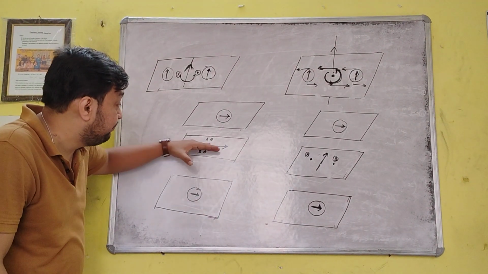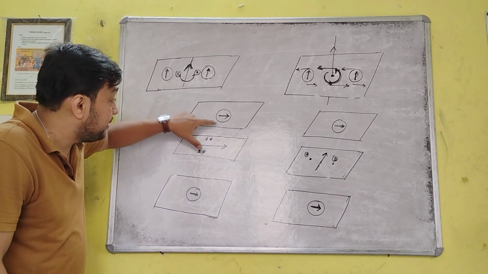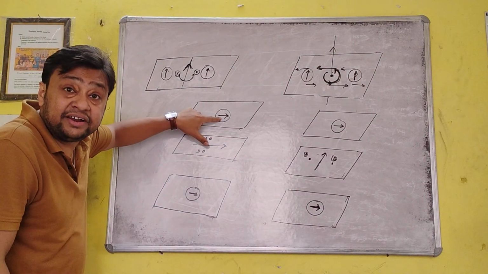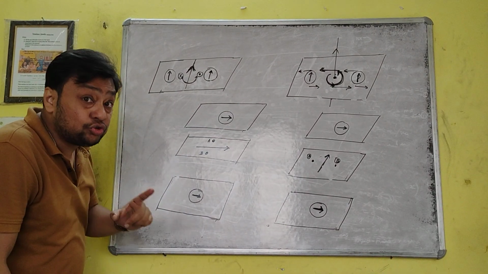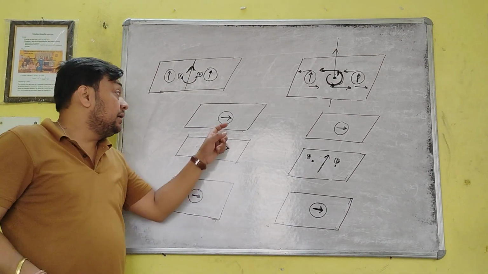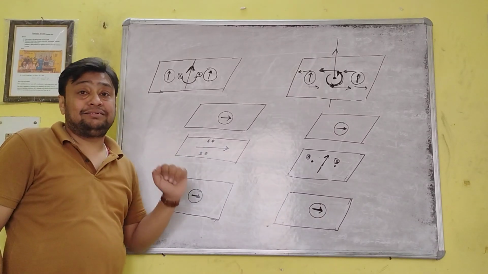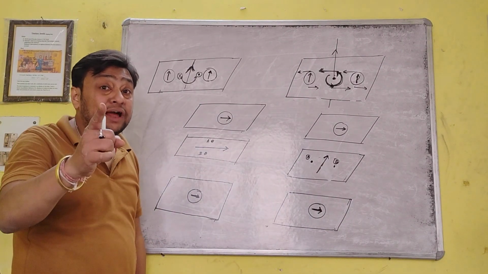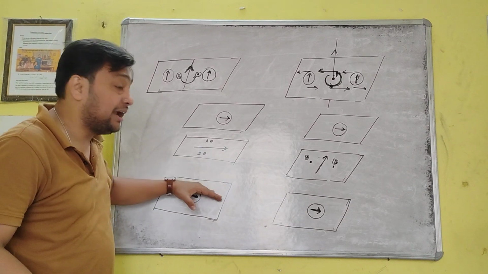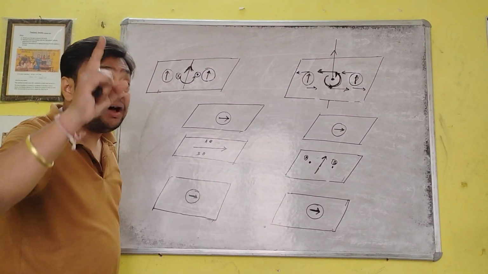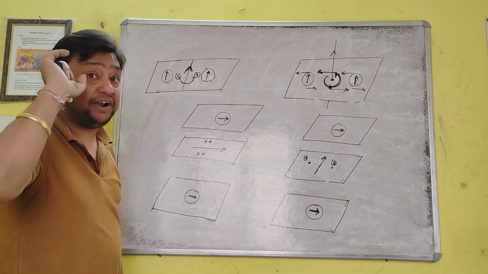This is the plane which is below this plane, or if I keep the needle above the current carrying conductor, then this plane is above this plane. So the needle and the current carrying conductor both are parallel. I agree, both are parallel, but the planes are different. Note it, the planes are different.